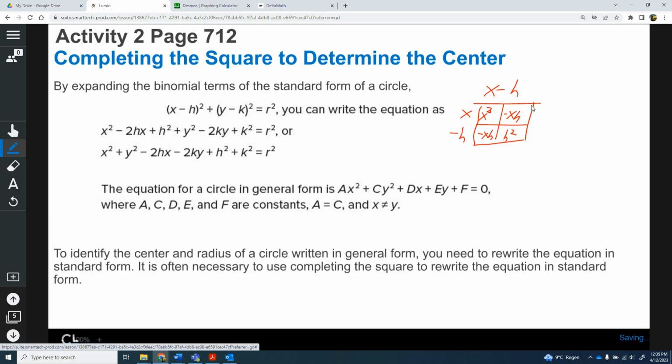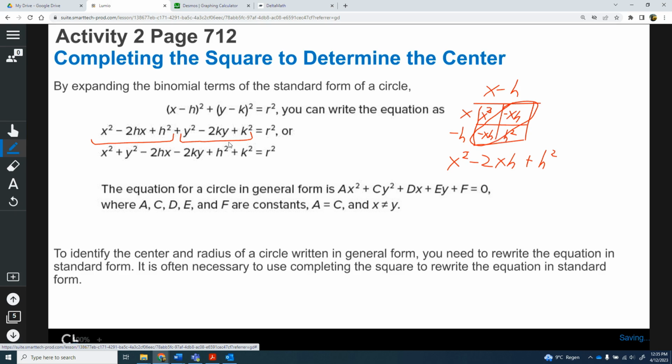So if I add these together, I get x squared minus 2xh, and this is the cool thing about the box method. The diagonal will be the same term, and then plus h squared. Hey, look, that's what is here. So if I did the same thing with y minus k, I'd get this.